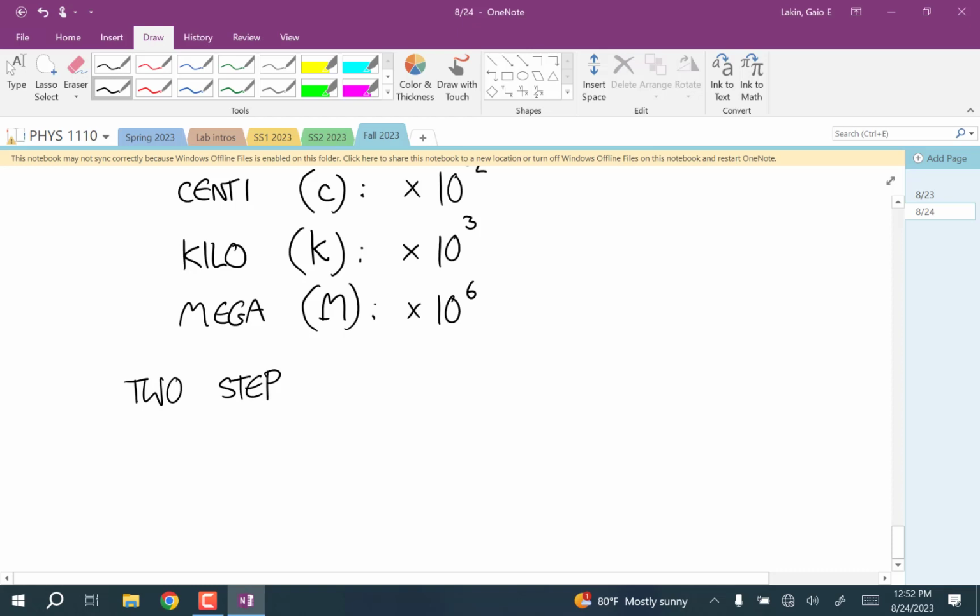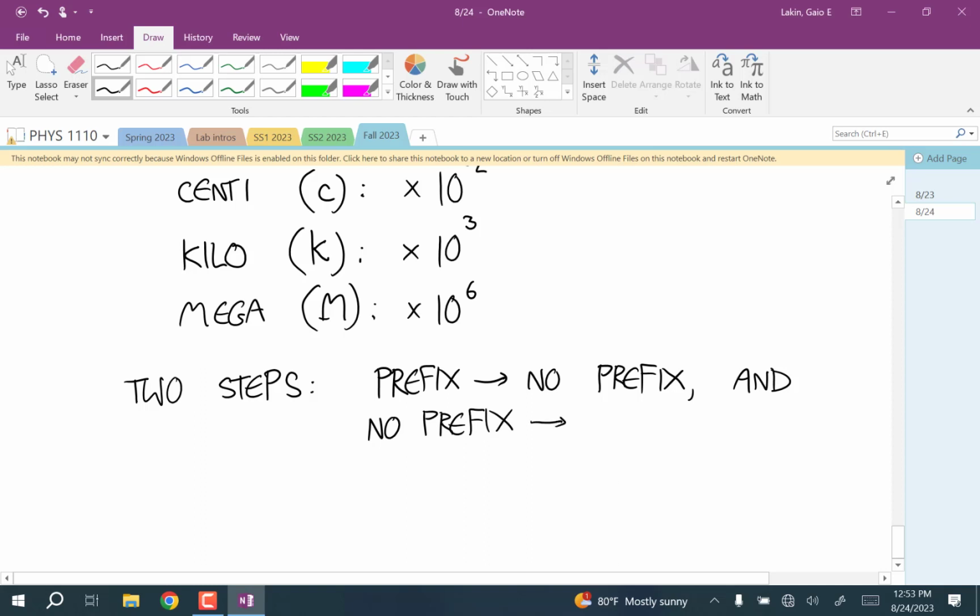So there are two steps for this: going from a prefix to no prefix, and going from no prefix to a prefix.